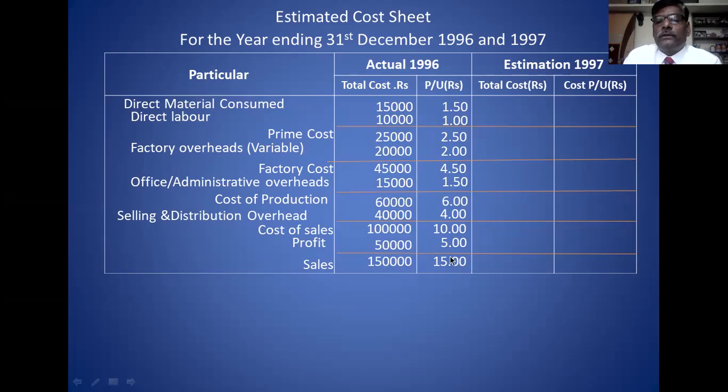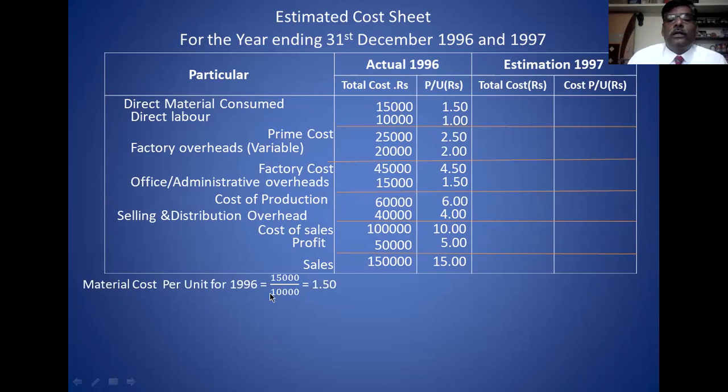Then you take the difference. 10 and 15 difference is 5. 1 lakh and 1,50,000 difference is 50,000. This is the profit. And this is the actual cost sheet for the year 1996. Now we estimate for the year 1997.